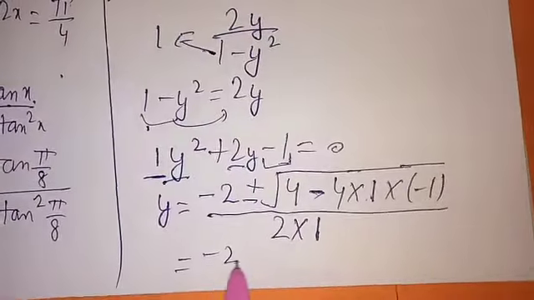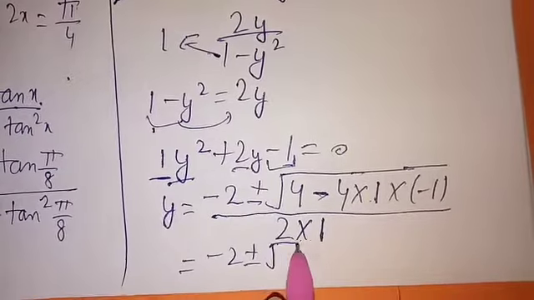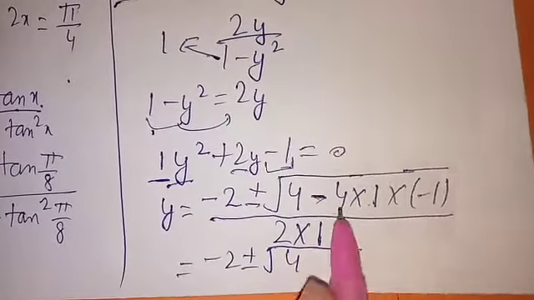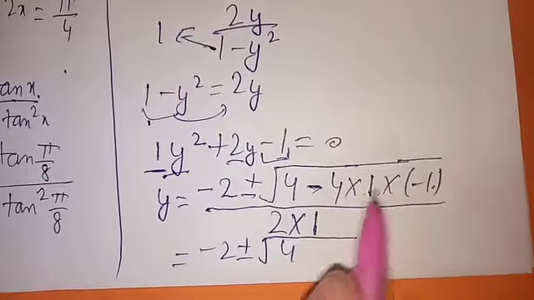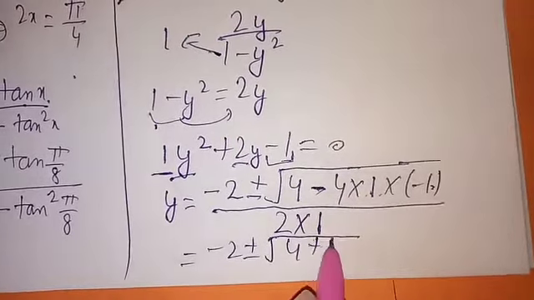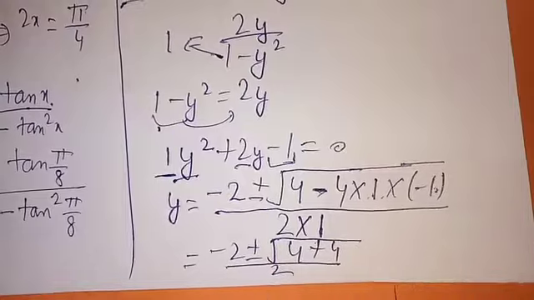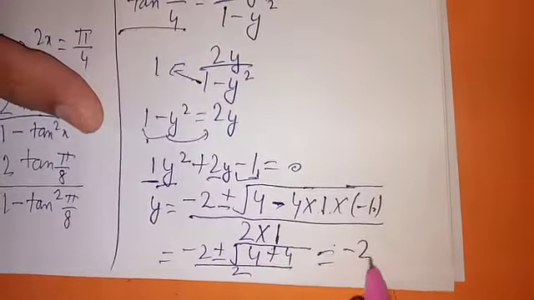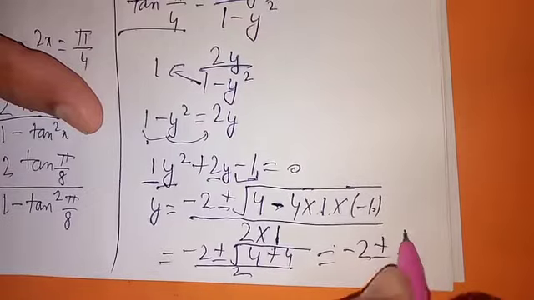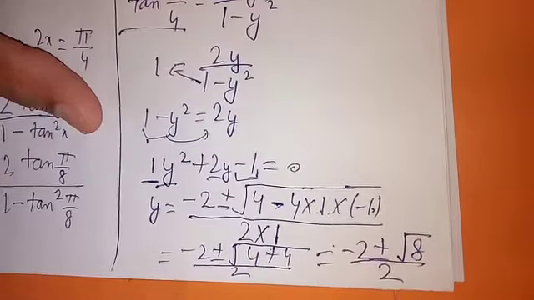So we get minus 2 plus minus under the root 4 into 1, 4 into minus 1 will be minus 4, minus is plus, so we get this by 2. So at last we got minus 2 plus minus root 8 by 2.